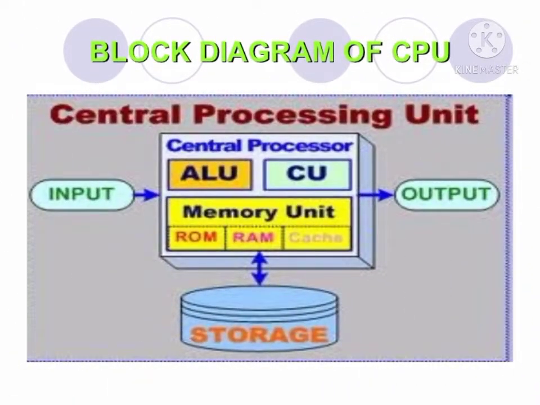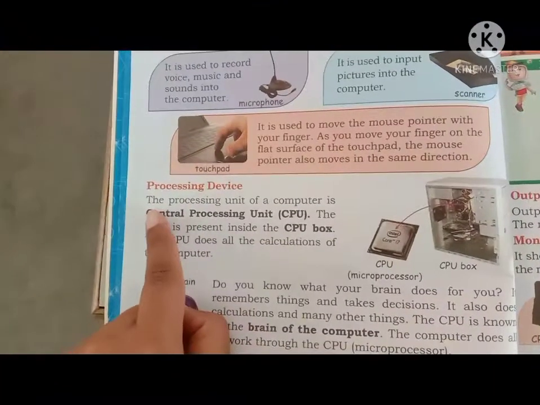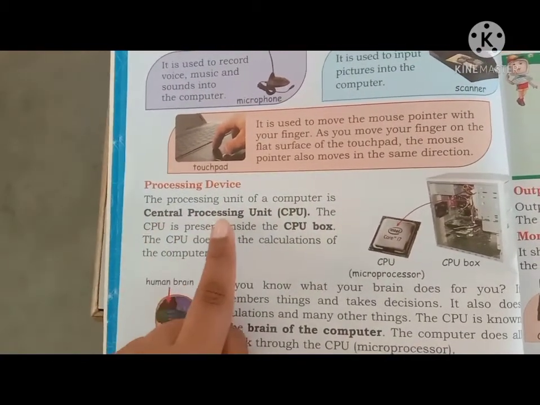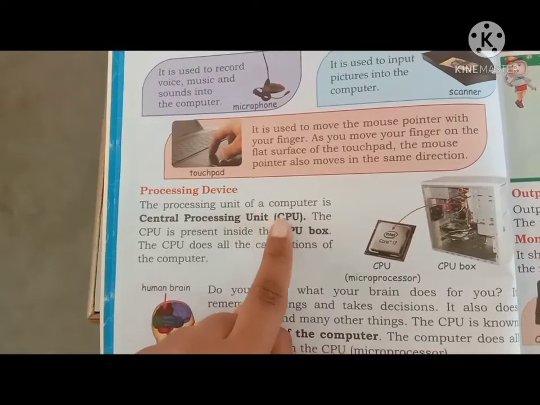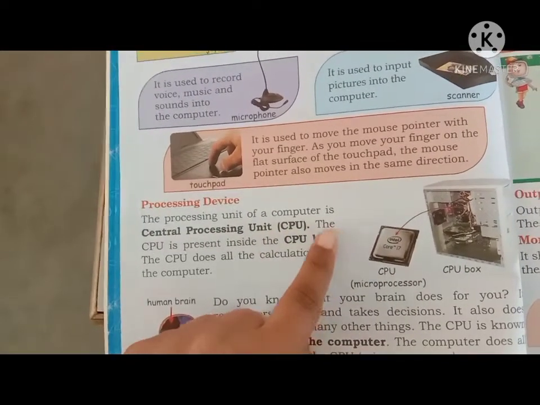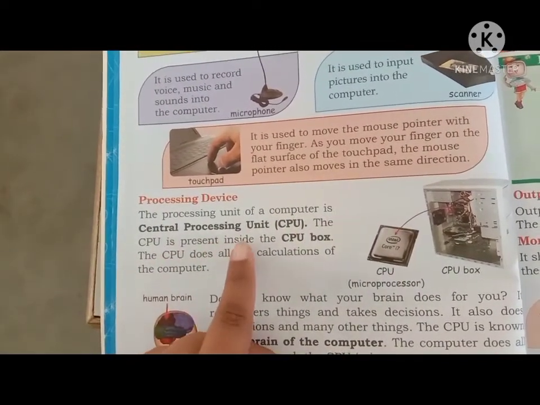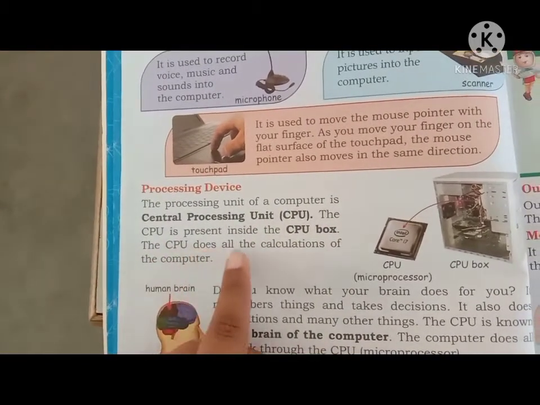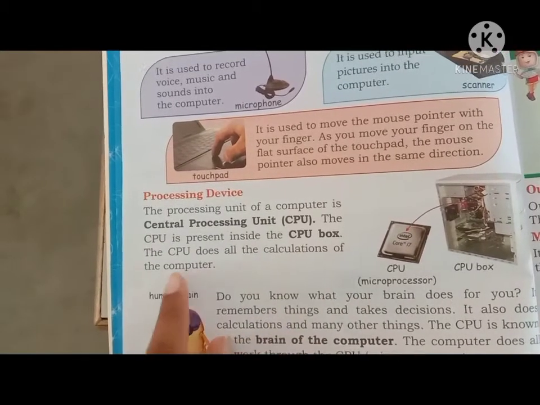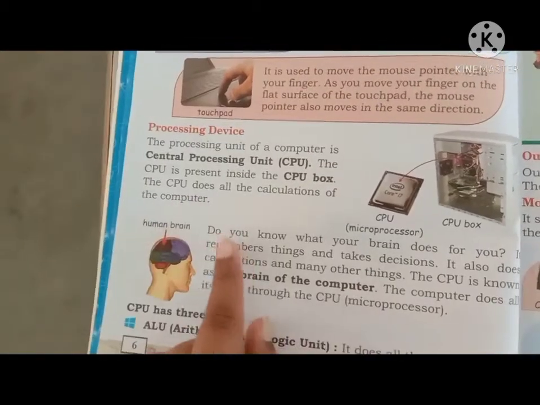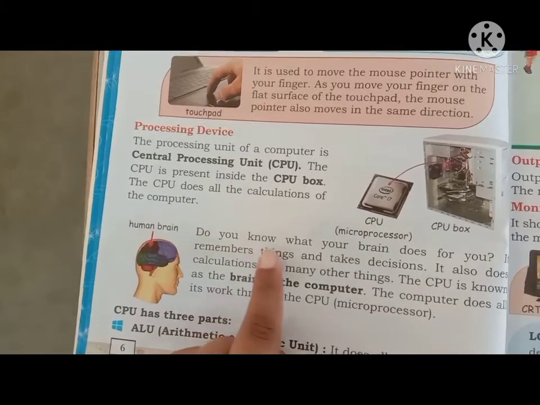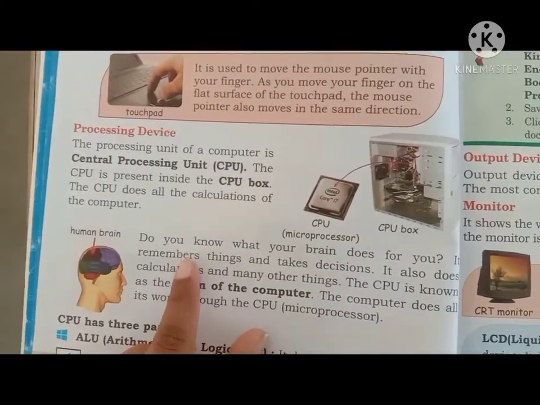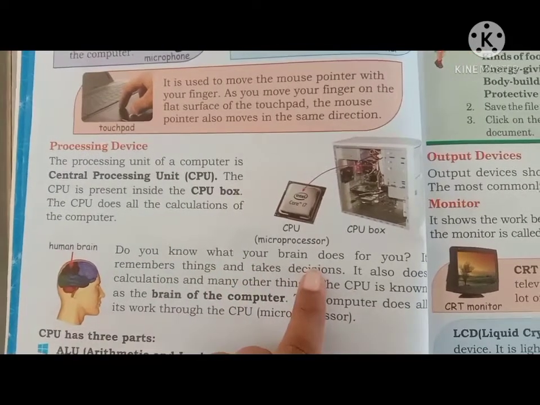Now let us learn about the processing device. The processing unit of the computer is the Central Processing Unit, whose short form is CPU. The CPU is present inside the CPU box. The CPU does all the calculations of the computer. Do you know what your brain does for you? It remembers things and takes decisions.